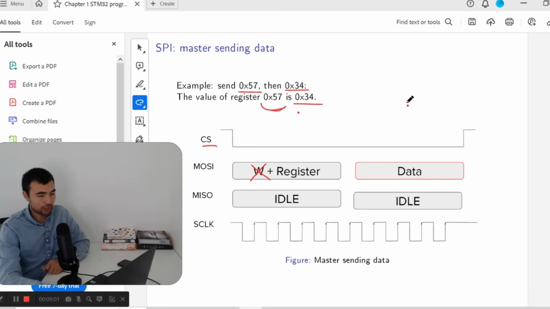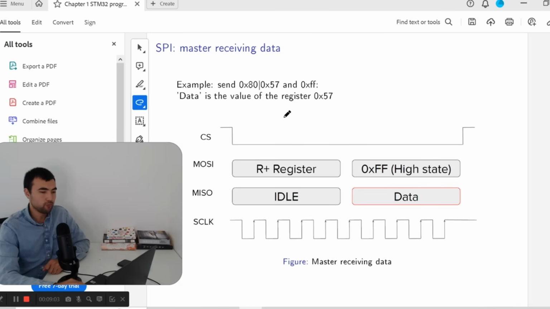And the read operation works in a similar fashion. First we again need to send the address of the register that we want to read, but in addition, when we read, we have to set the most significant bit, indicating a read operation. Then we just send this dummy data 0xff, and during that time we will receive data.